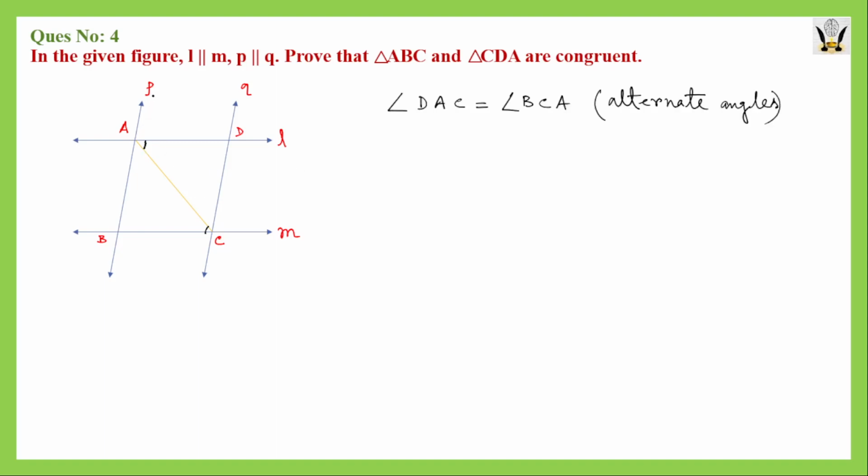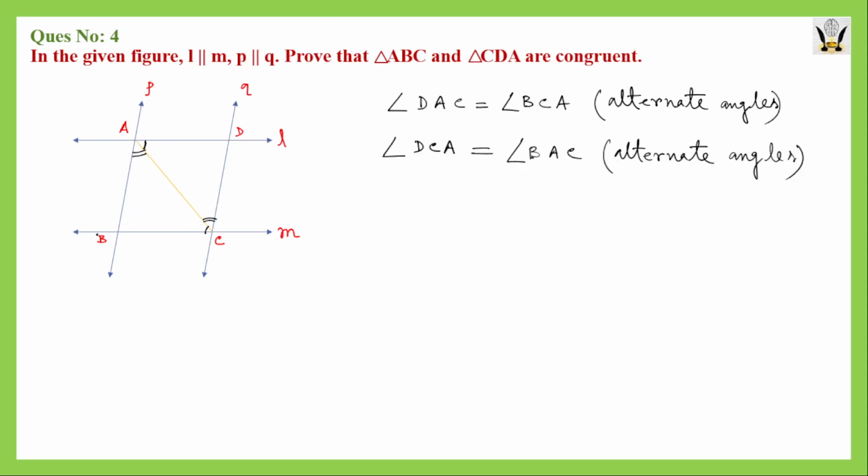Again, since lines P and Q are parallel, and AC is the transversal, angle DCA will be equal to angle BAC because these two angles are alternate angles.